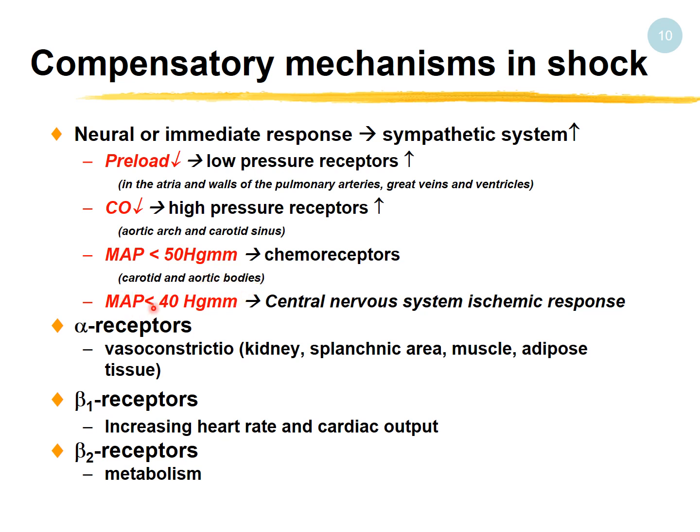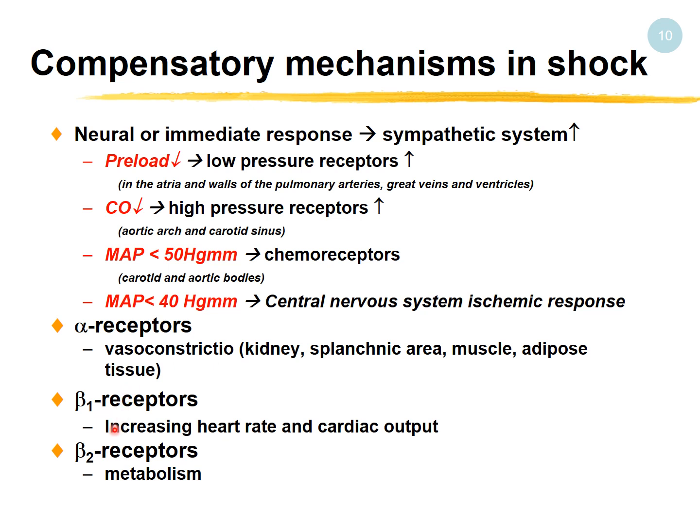If it decreases further, if the MAP decreases below 40, then the central nervous system ischemic response turns on. So we have a massive sympathetic innervation and stimulation of the body, such as vasoconstriction in those vessels that are sensitive to this, such as the kidney, splanchnic area, muscle, and adipose tissue.